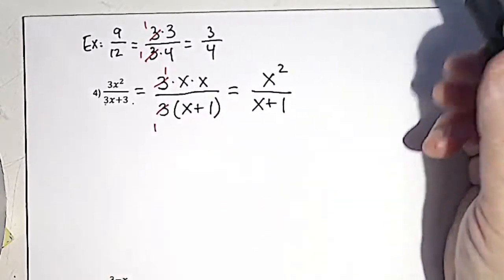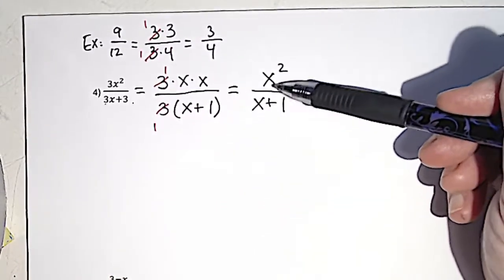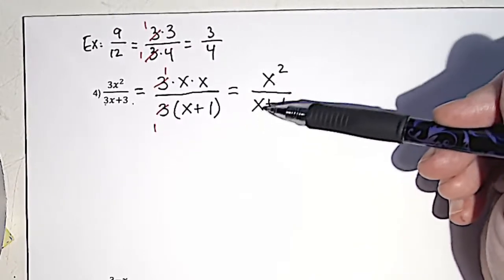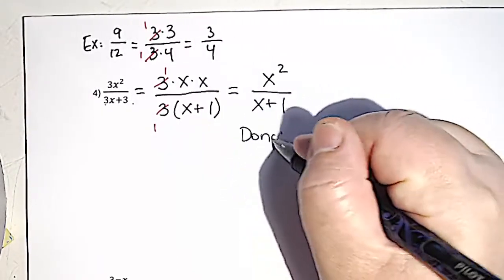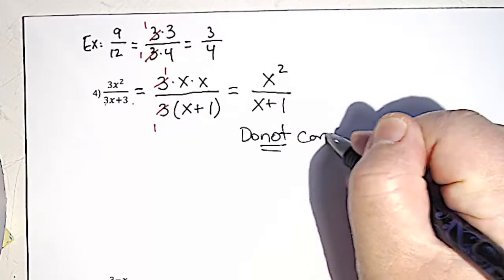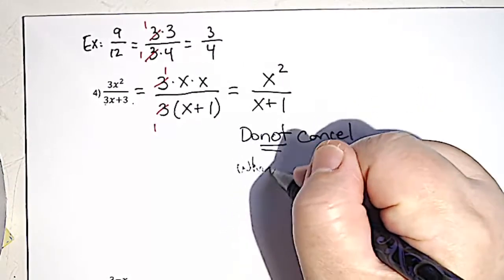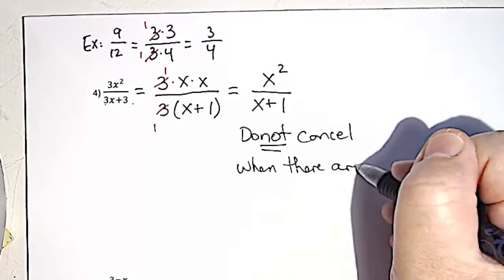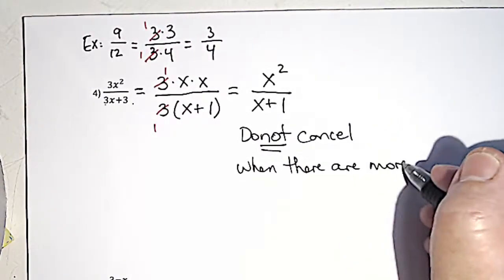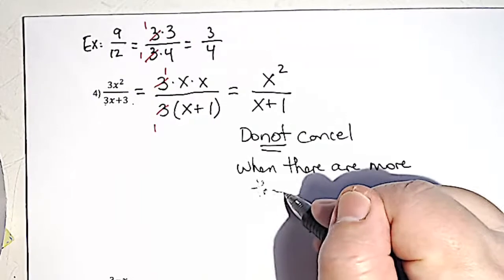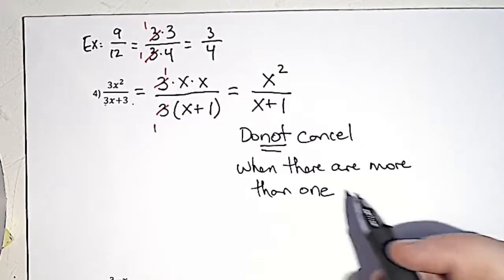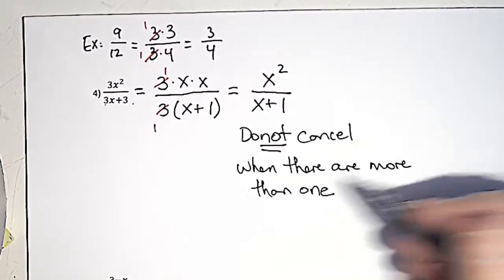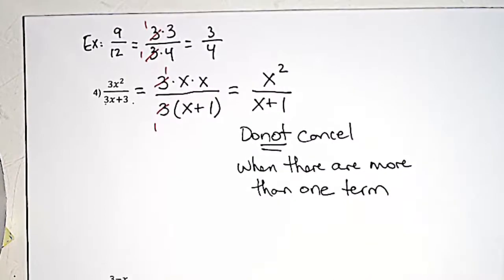Now here's the thing. This x and this x are winking at each other. And it really is tempting to cancel. Do not cancel when there is more than one term, top or bottom.